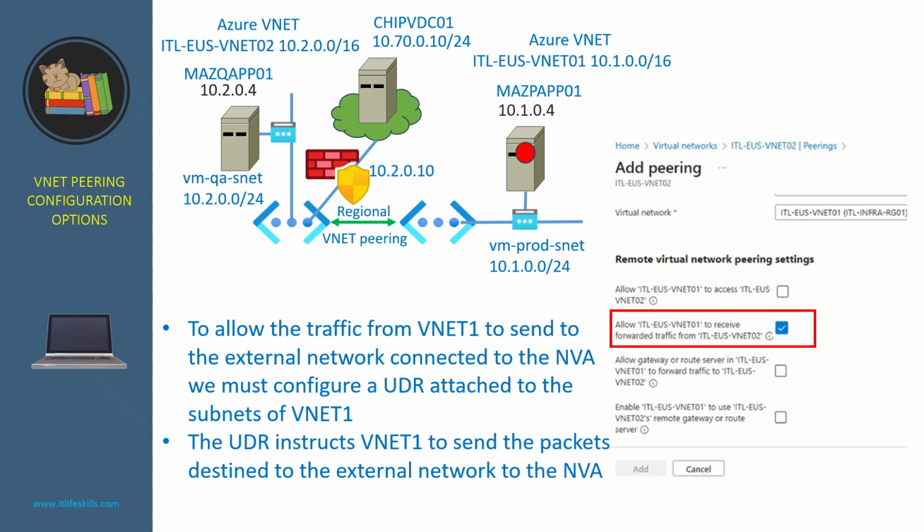Now, to allow the traffic from VNet1 to send to the external network connected to the NVA in VNet2, we must configure a UDR and attach it to the subnet of VNet1. The UDR instructs VNet1 to send the packets destined to the external network to the IP address of the NVA.